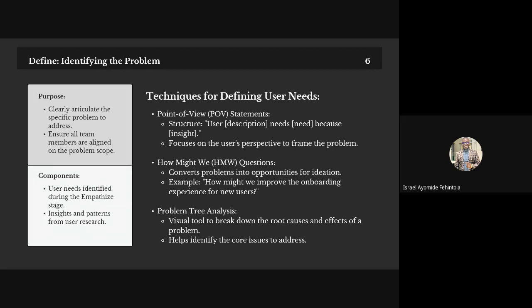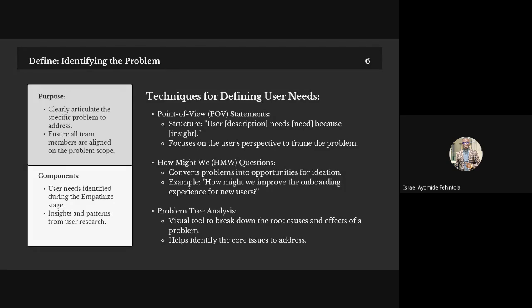You could say new users need a simpler, more intuitive way to navigate the app because they often feel overwhelmed by the current setup. That's a problem statement. It might look very complex, but it's not complex though. It's still within the structure of user, what they need, and why they need it.